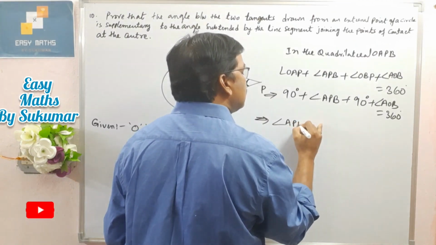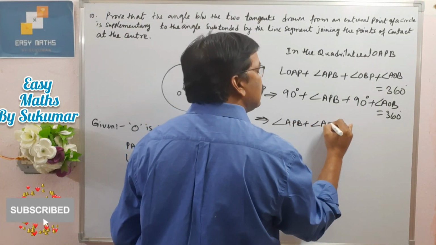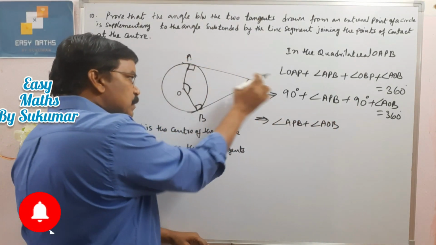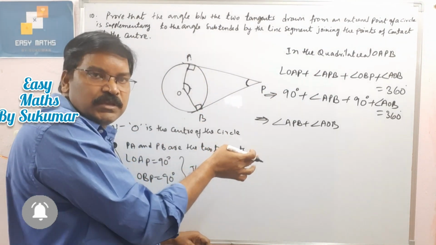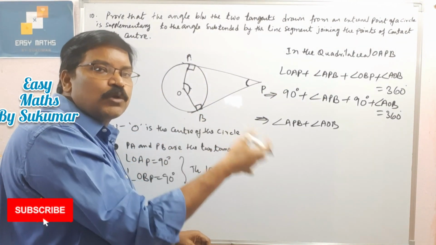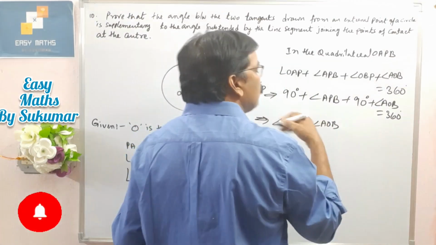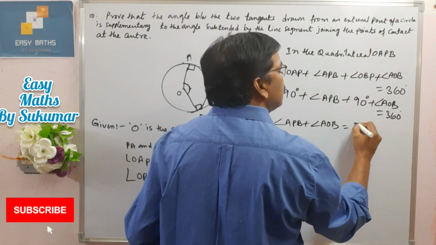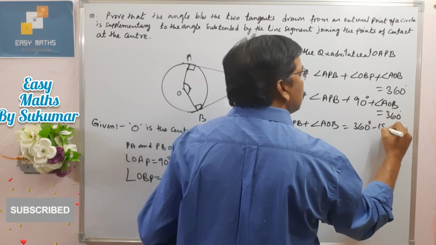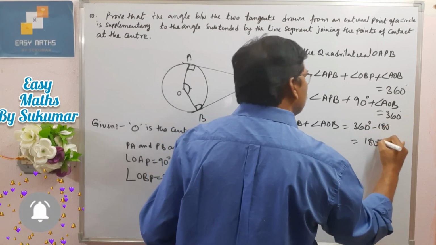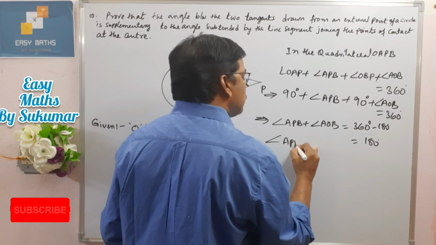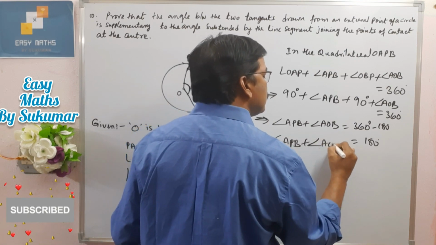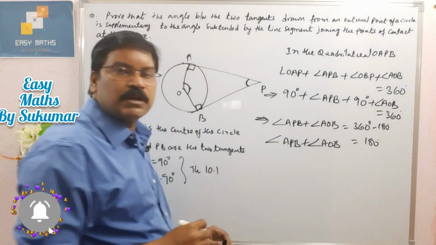That means angle APB plus angle AOB should be supplementary. We have to prove it like that. So it is equal to 360 minus 180, so it is equal to 180. So angle APB plus angle AOB is equal to 180 degrees.